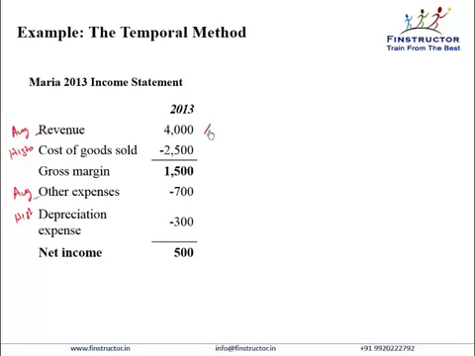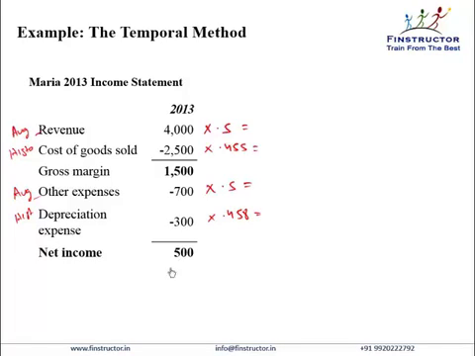So revenue would be 4,000 into 0.5, COGS would be 2,500 into 0.455. Other expenses would again be at the average rate, so we'll multiply it with 0.5. Depreciation expense would be minus 300 multiplied by 0.458, that is the rate applicable for depreciation.